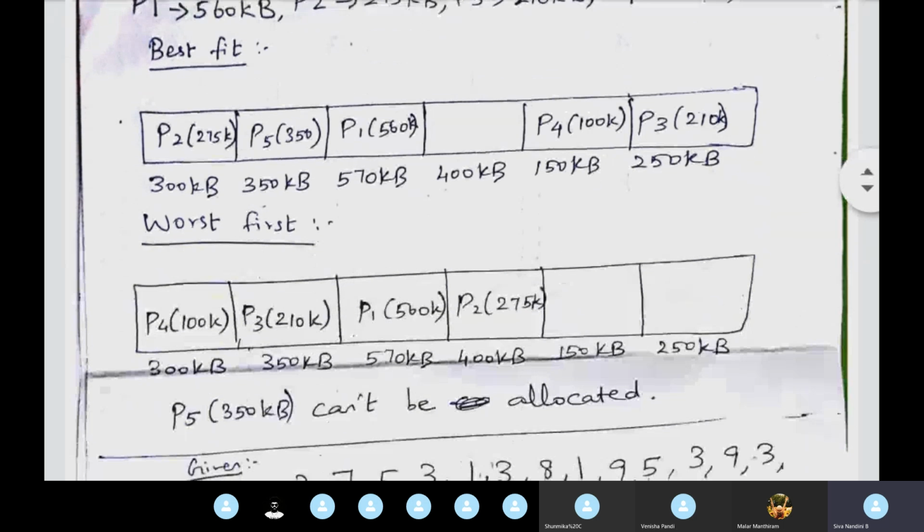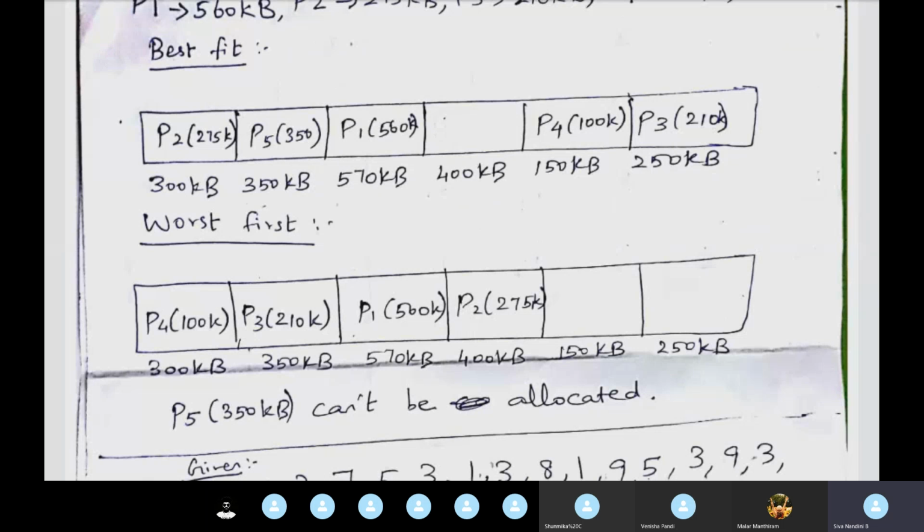Next, the worst fit algorithm. What will the worst fit algorithm see? It will first look for the biggest partition. We have the first process P1 of 560 kilobytes. It will be allocated in the biggest partition, that is 570 kilobytes. Next, process P2 of 275 kilobytes will occupy the next highest partition, that is 400 kilobytes.